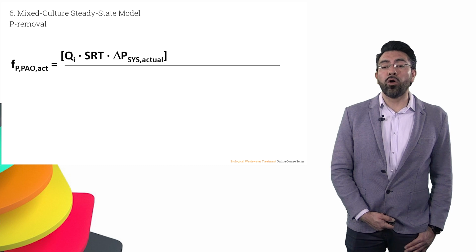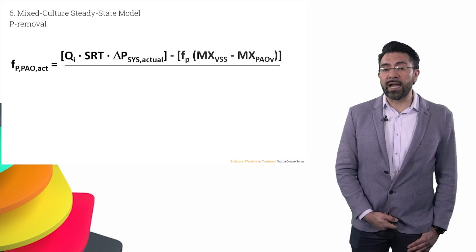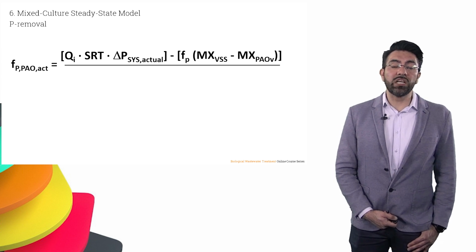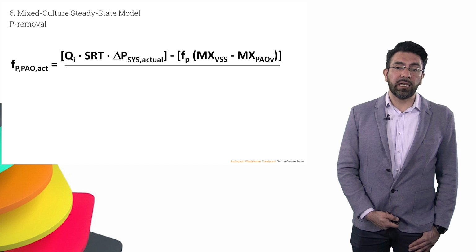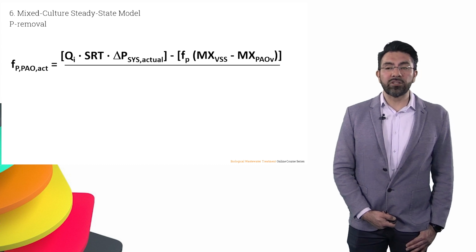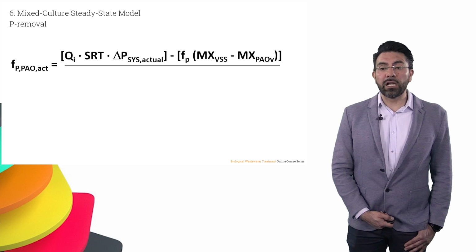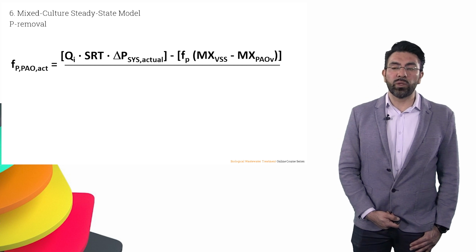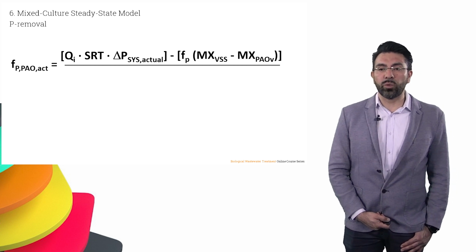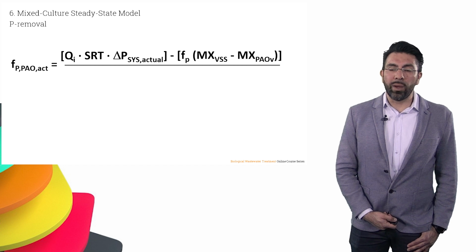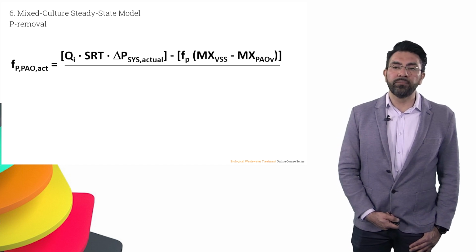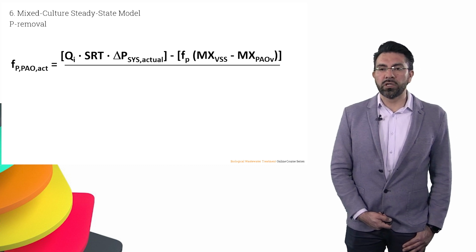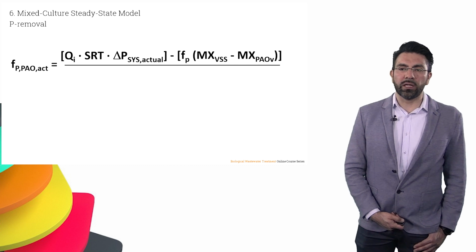And in order to know only what the PAOs are contributing to, we subtract the amount of phosphorus that is present in all the volatile suspended solids masses, but excluding the mass of PAOs. In this term, the difference between the mass of volatile suspended solids when we exclude the mass of PAOs will give us only the sum of the mass of OHOs, the mass of the endogenous residues, and the mass of the particulate biodegradable organics.